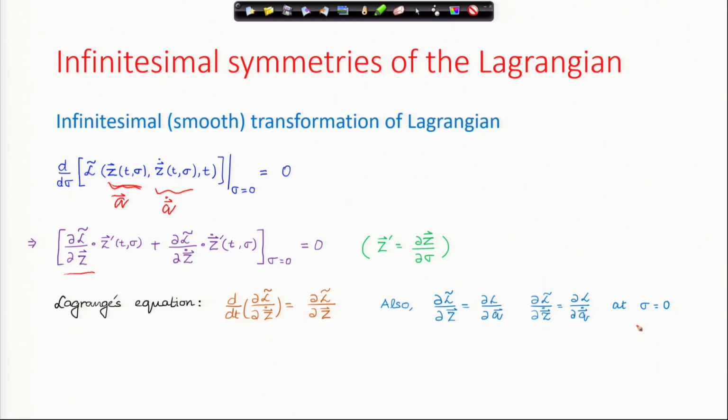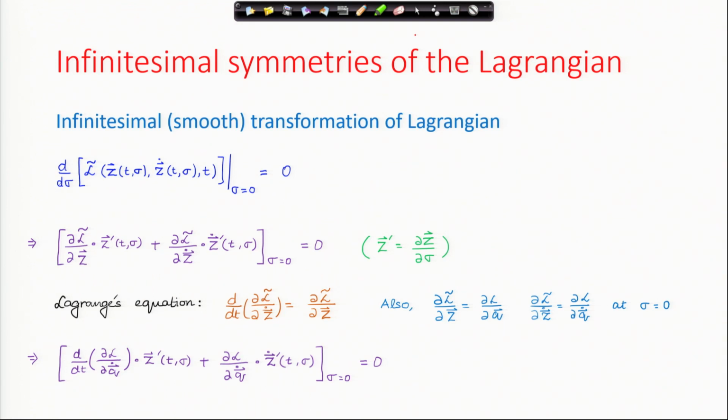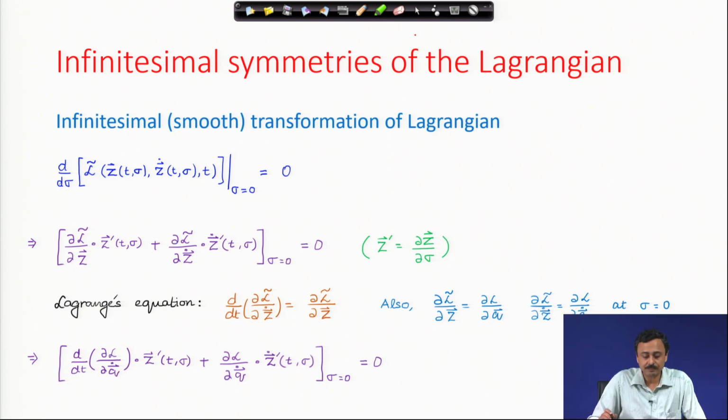Now, this at sigma equal to 0 is definitely true at sigma equal to 0. Therefore, remember that I am always considering the sigma equal to 0 condition, then these equalities do hold.